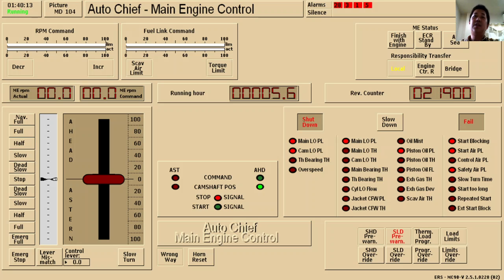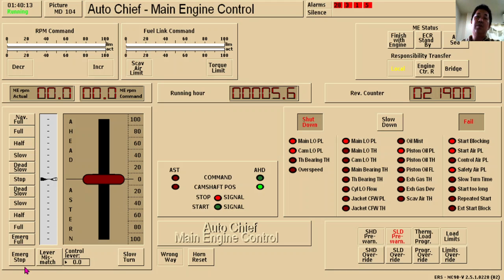So this is the engine throttle. This is to be operated during what we call emergency crash maneuvering. We have here the emergency stop also.